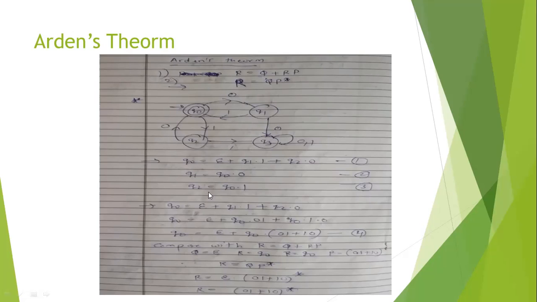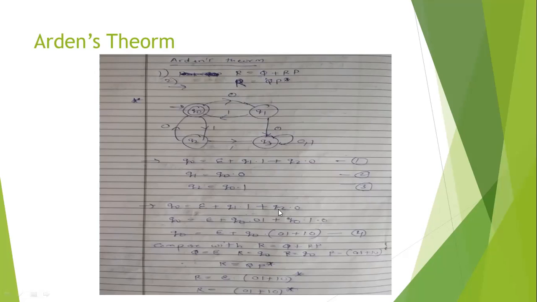Now Q0 is equal to epsilon plus Q1 dot 1 plus Q2 dot 0. This equation we need to solve further. Can we substitute any value of Q1 here? Yes, that is Q0 dot 0, so we put Q0 dot 0 in place of Q1, giving Q0 dot 0 dot 1.